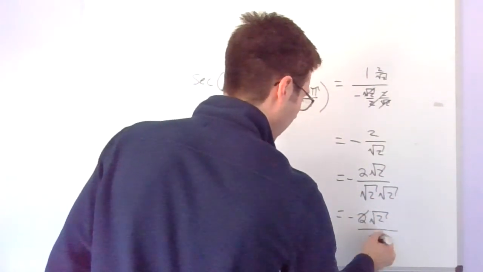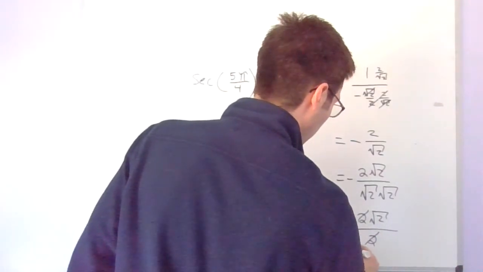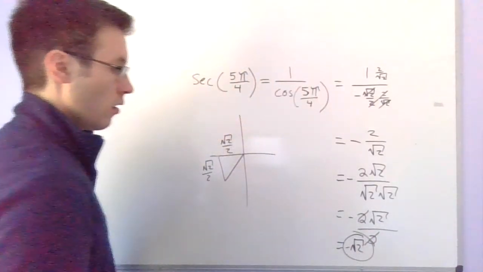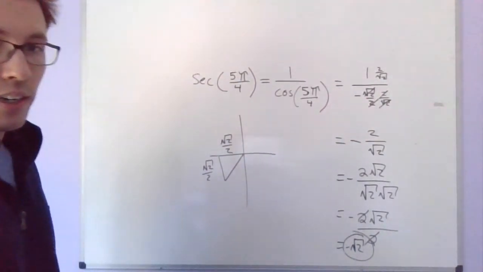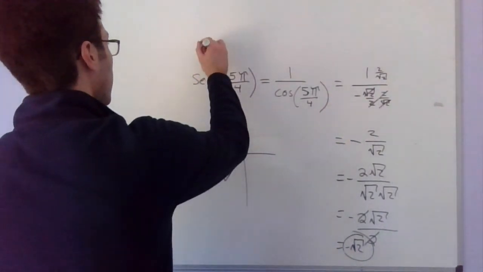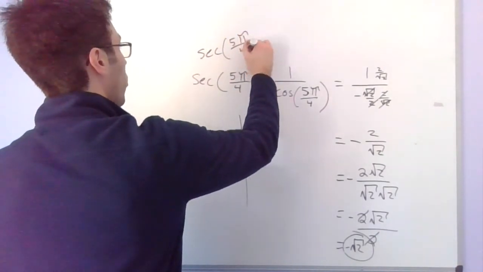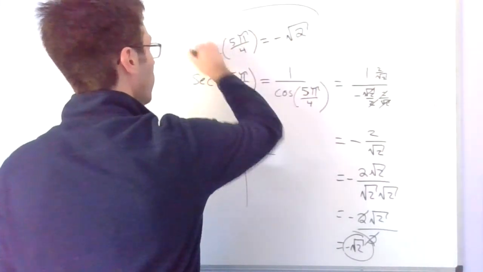Check that out, that canceled. So that is really equal to negative square root of 2, because the 2's cancel out right there. So secant of 5 pi over 4 is really negative square root of 2.